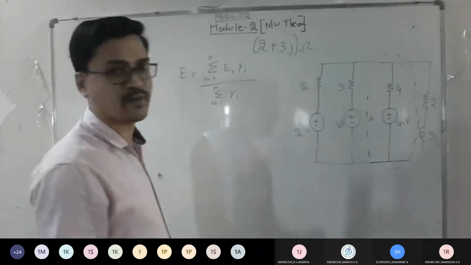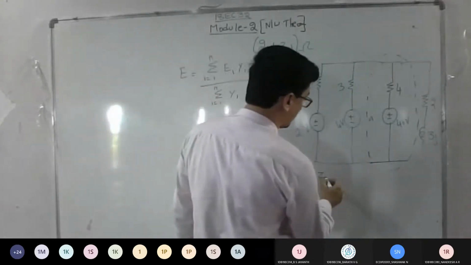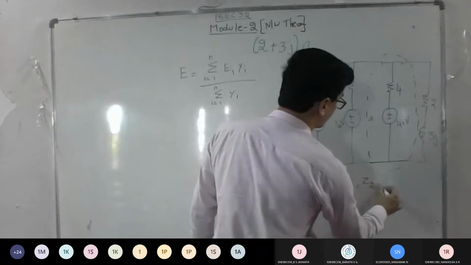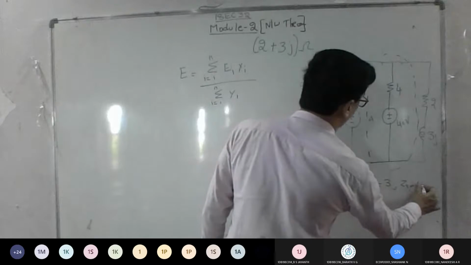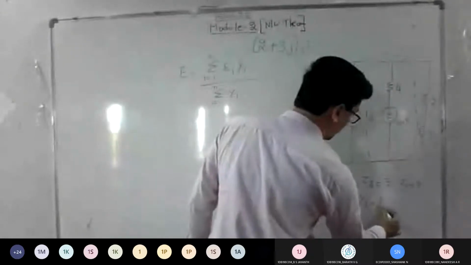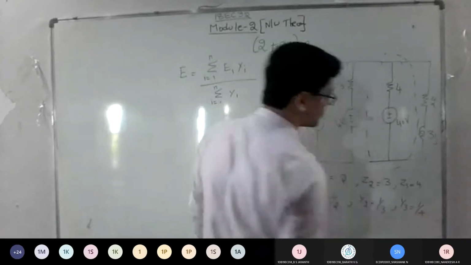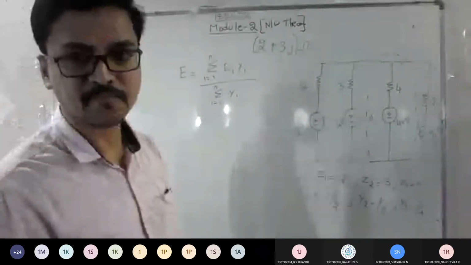I told you clearly, whenever they give the circuit, write down the values given. Z1 equals 2, Z2 equals 3 and Z3 equals 4. But what we want is Y. Y1 is 1 by Z1, 1 by 2. Y2 is 1 by Z2, 1 by 3. Y3 is 1 by Z3, 1 by 4. Am I clear to everyone till here?